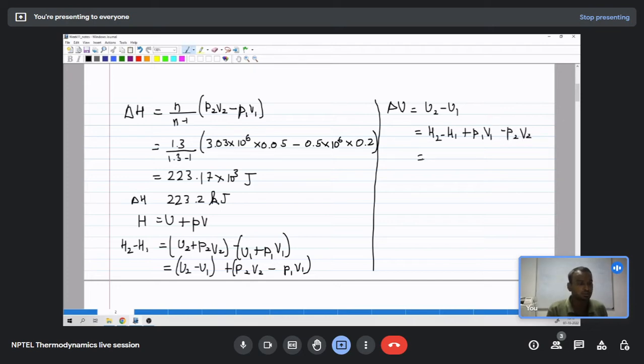H2 minus H1 is already calculated, and that is 223.2 into 10 power 3 plus initial pressure P1, 0.5 megapascal, into V1, 0.2, minus P2, 3.03 megapascal, into V2, 0.05. So internal energy can be calculated like this.